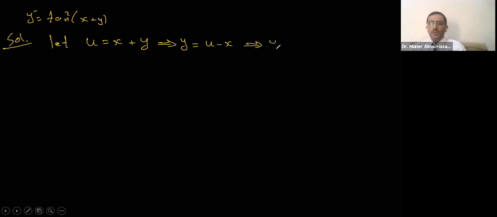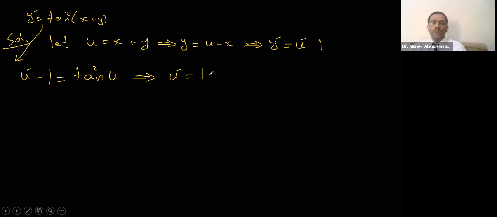Differentiate both sides. So y prime equal u prime minus 1. In my differential equation, I have u prime minus 1 equal tan squared of u. Don't forget now, this equation must be separable. I will move number 1, so u prime equal 1 plus tan squared of u.